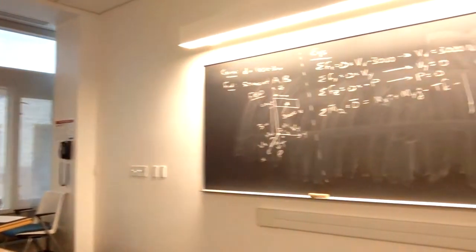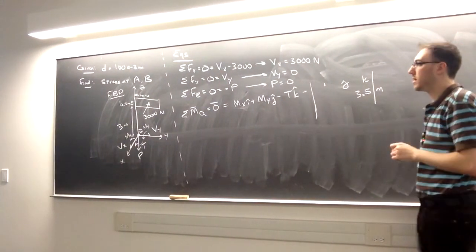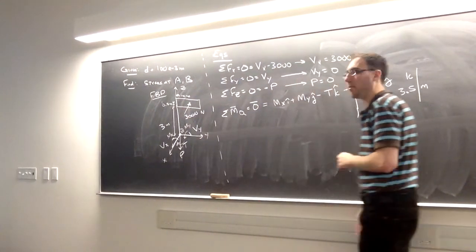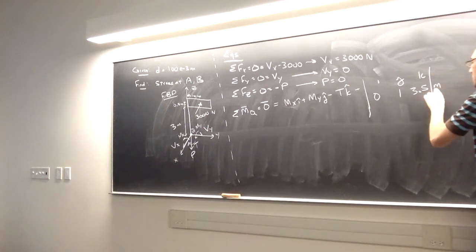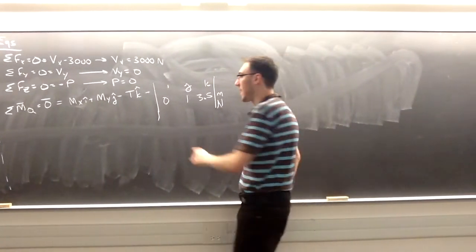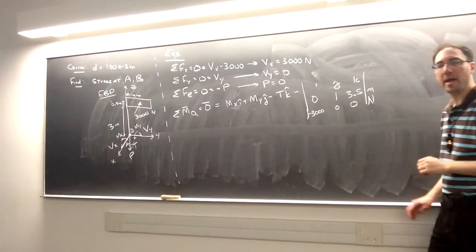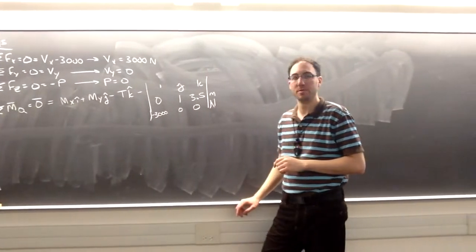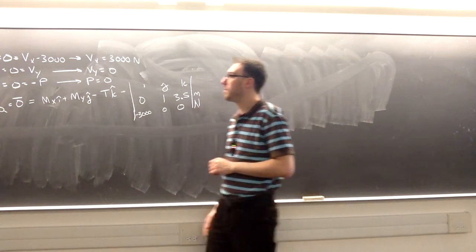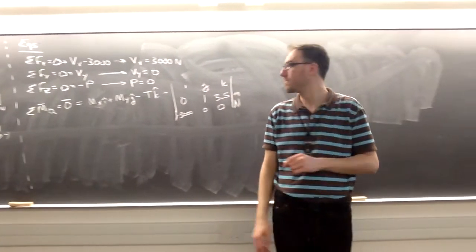I have to go in the z direction 3.5 meters, and then in the j direction, I have to go 1 meter to get to that point. And the force is in the negative x direction, so that last row, negative 3,000 newtons. So this will be in newton meters, meaning that Mx, My, and T will also be in newton meters.